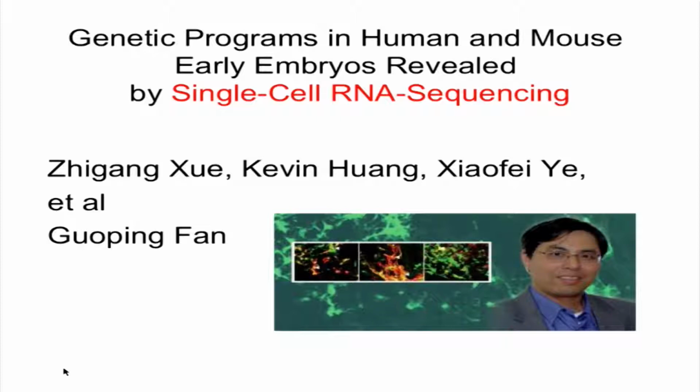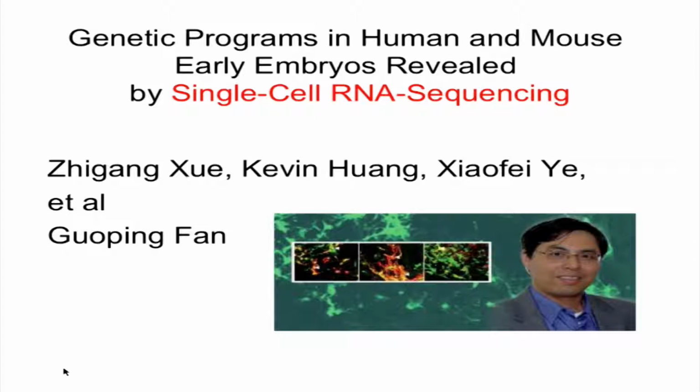On individual cells from human pre-implantation embryos. Just to remind you, you have of course learned a lot about RNA-seq data, but they are typically based on large tissues. What is special here is that Guoping and his colleague from the Beijing University, they sorted cells and measured RNA-seq in individual cells.